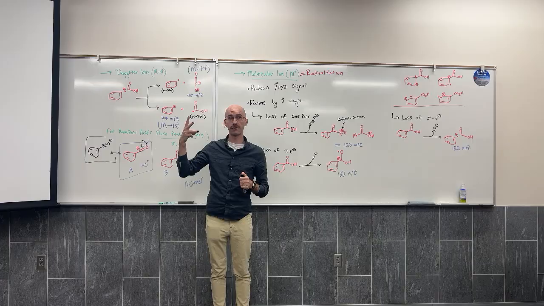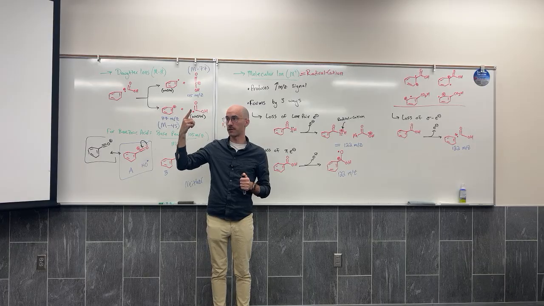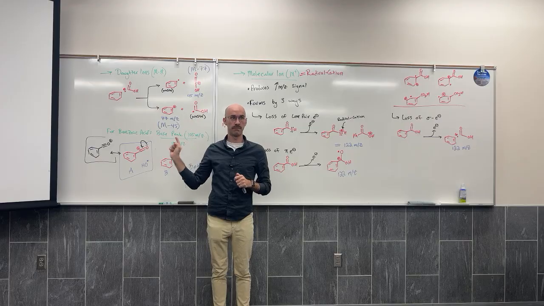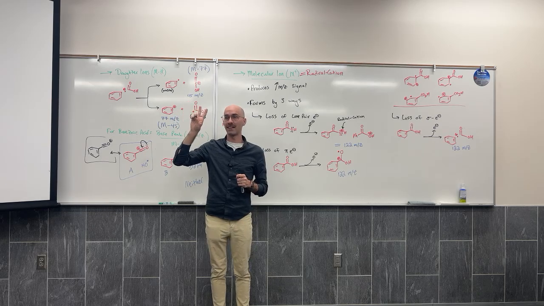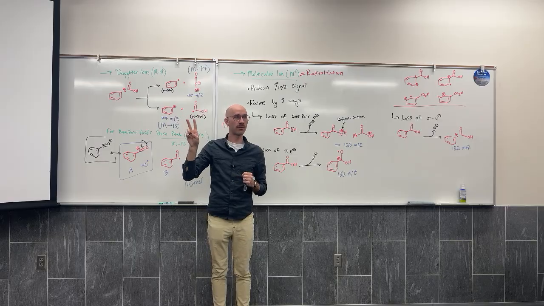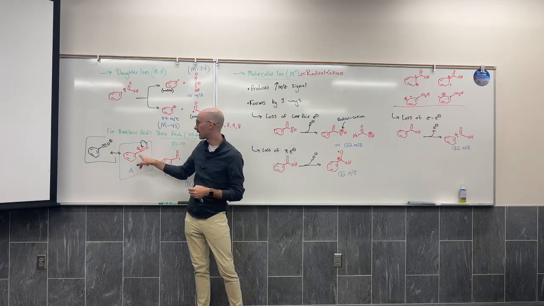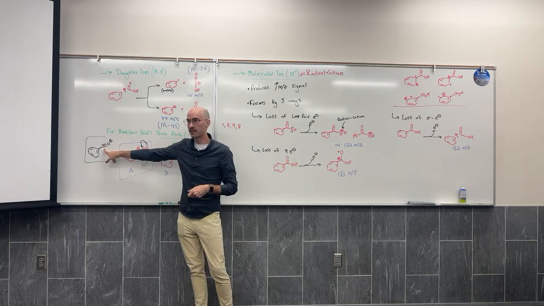Do you remember our 3 rules for resonance? First, minimize formal charge. Both of those resonance forms have the same formal charge. Second, maximize octets. And that really just means give carbon as many bonds as possible. Carbon lacks an octet, carbon has an octet.